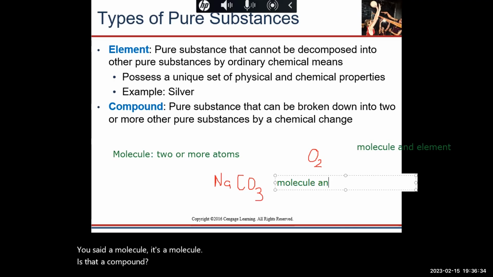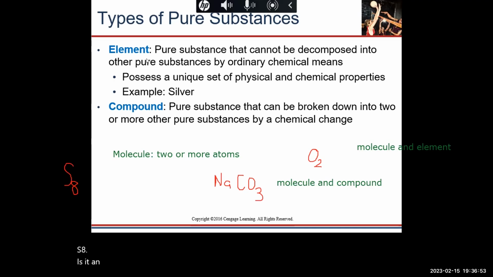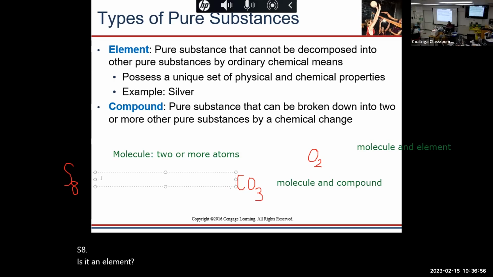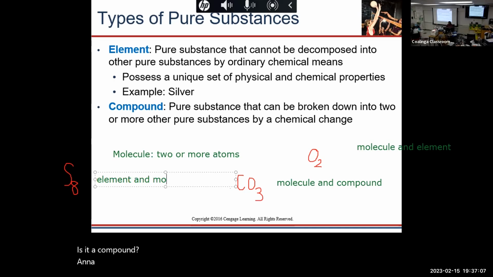Yes, it's a compound. What about S8? Is it an element? Element. Is it a compound? No. Is it a molecule? Molecule. Okay, simple, not too bad.